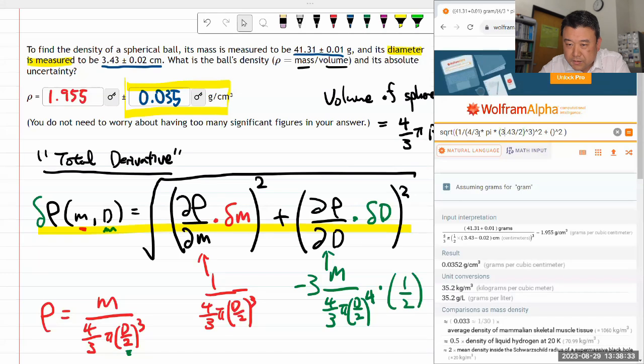Yeah, and actually I shouldn't skip the units, because it's going to reveal if I made any mistakes. Okay, so that's the derivative. Now I have to multiply that with the uncertainty in mass, 0.01 gram.